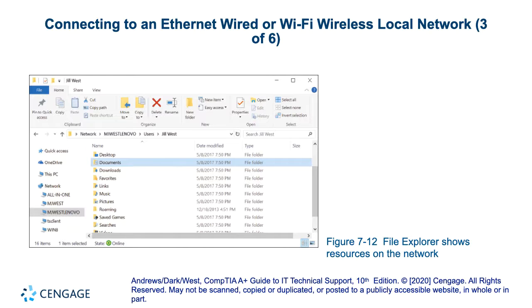And so it's connected to the MU West Lenovo, which is probably a laptop, and it's showing the documents folder and desktop folders. All this is shared on that Lenovo laptop over the network. So from the system that they're currently on, they're accessing files and resources of another machine over the network because they're on a private network.